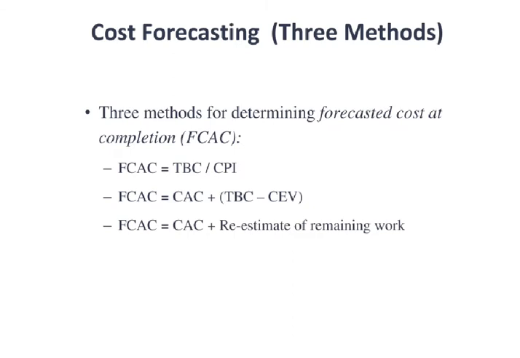Now, one more thing I want to talk about before we look at an example is the idea of cost forecasting. This can be a little dangerous. Anytime you're doing forecasting, you need to be cautious, because what you're doing is using past information in order to try to predict the future.